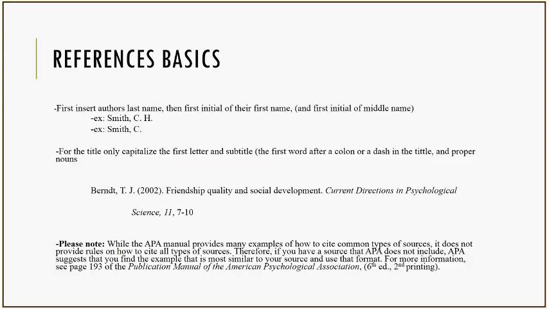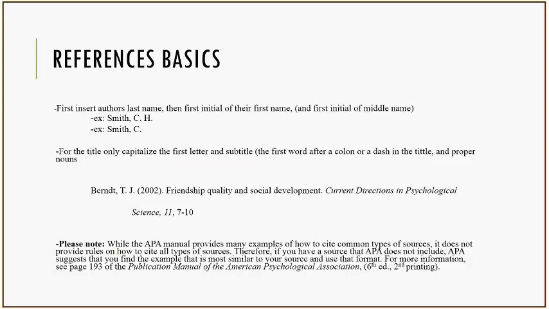So just looking at reference basics. This may be a review for some, but if not, that's great too. First thing, it's going to be the last name, comma, the first initial of the first name, and sometimes the first initial of the middle name. So for example, if my last name's Smith, comma, my first name's Carol, and my middle name is Harmony, that's how it would look.